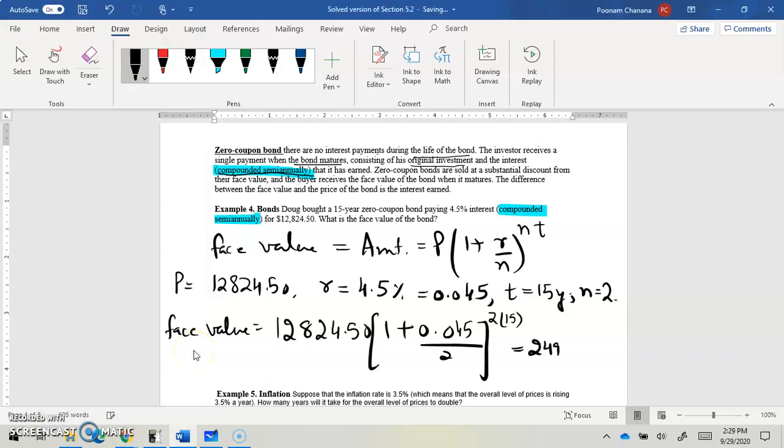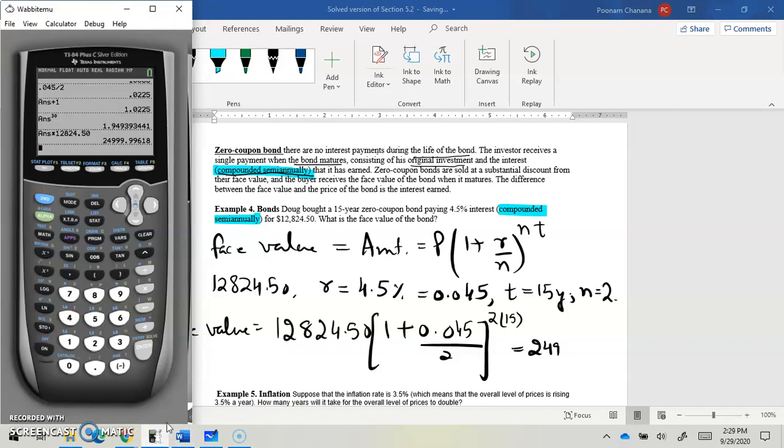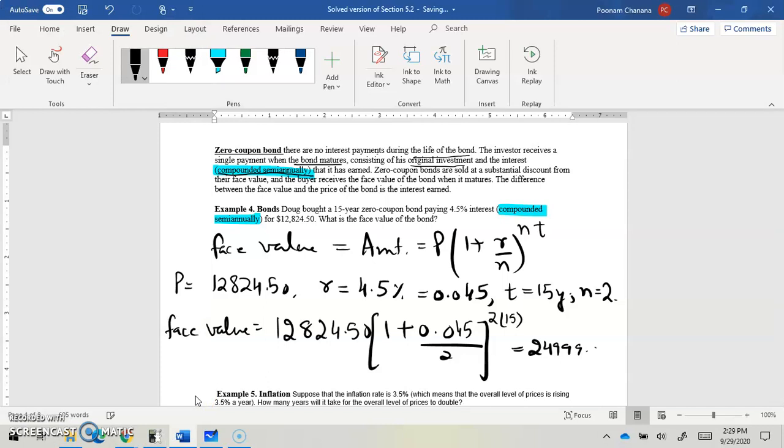So you will have 24,999. So approximately 25,000 will be the face value for this particular zero coupon bond in 15 years.